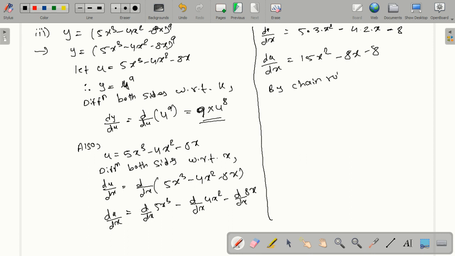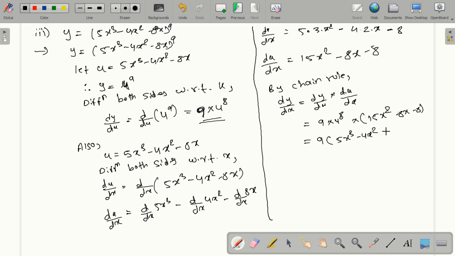So by chain rule, we have dy by dx is equals to dy by du into du by dx, and this can be written as, we know that dy by du is 9 into u raised to 8 into du by dx is 15x square minus 8x minus 8, and we know that u is basically 5x cube minus 4x square minus 8x into this, right, into 15x square minus 8x minus 8.